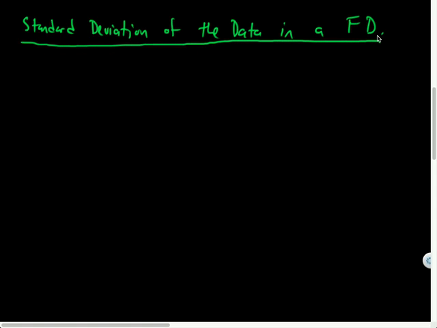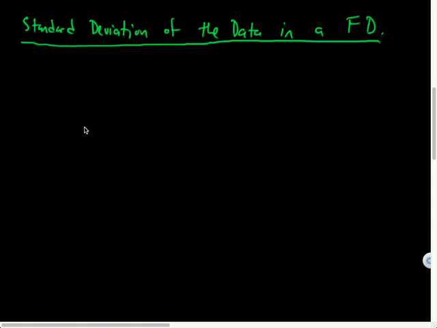Do you recall why? Anybody? Right, but in a frequency distribution, if I was given data in that form, I wouldn't have actually had my original list of numbers. I would have just known how many were in each class. So we ended up making the assumption that each number in a class was just equal to the midpoint of that class or the class mark. So it's technically an approximated mean. Same idea here. We're going to have an approximated standard deviation of the data in a frequency distribution.